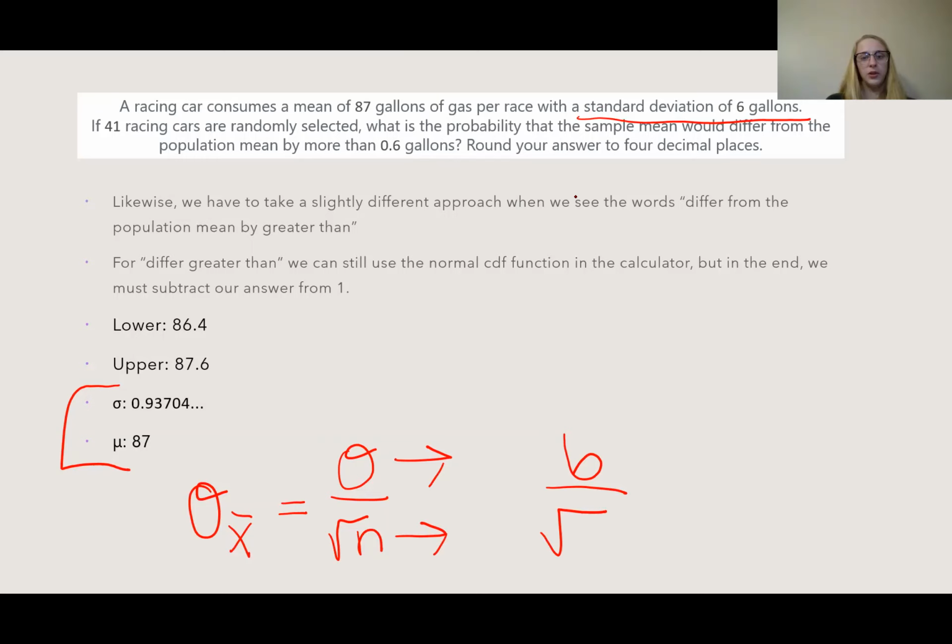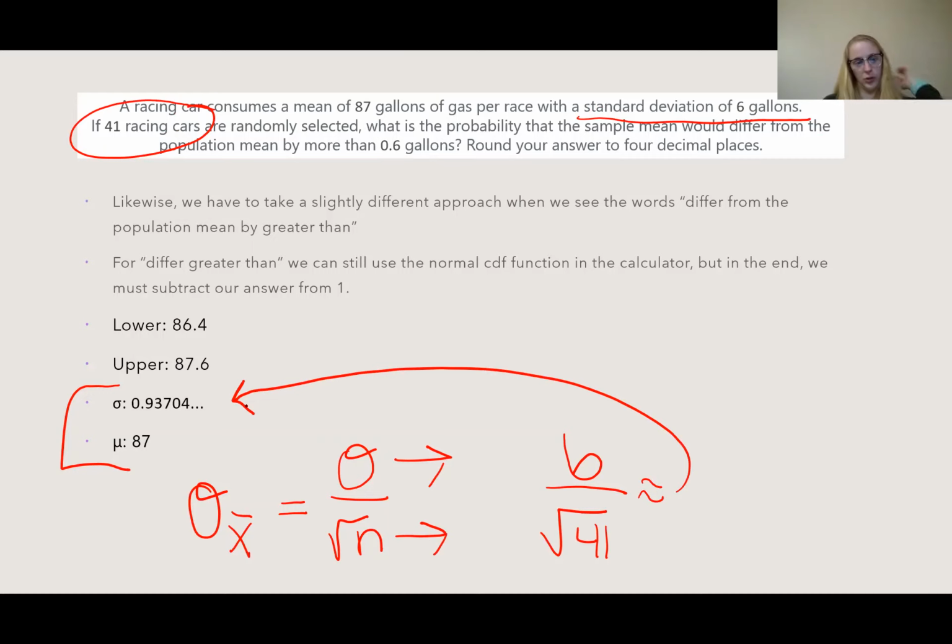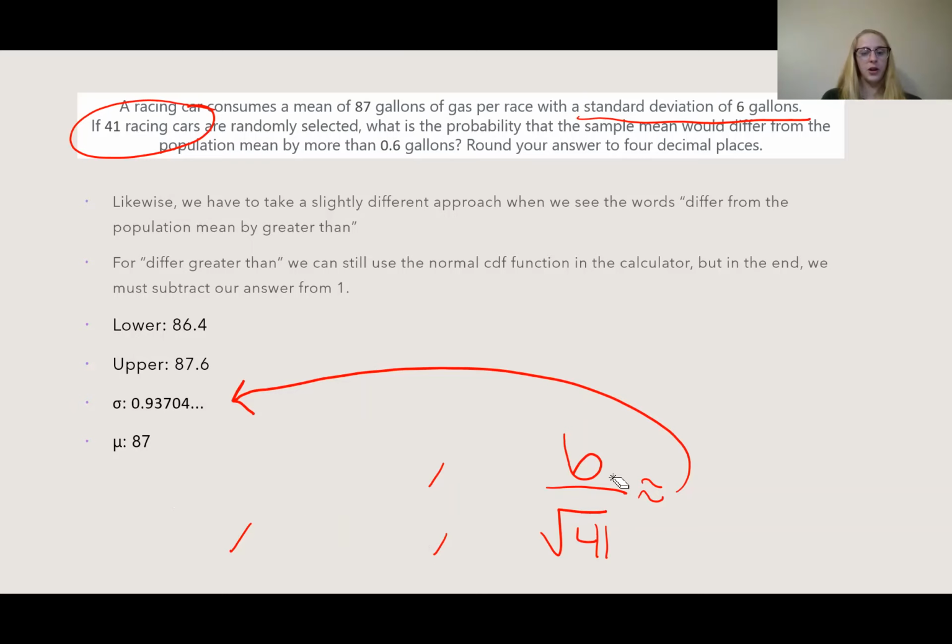We are sampling how many? 41 race cars. If you do this, you should get a fraction roughly equal to this number over here. I put the dots because it's a really long decimal, that way you know I didn't round it off, it just keeps continuing.